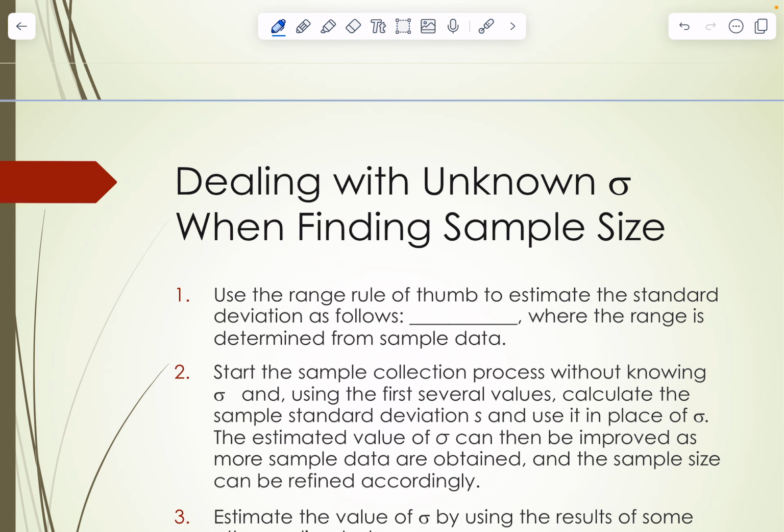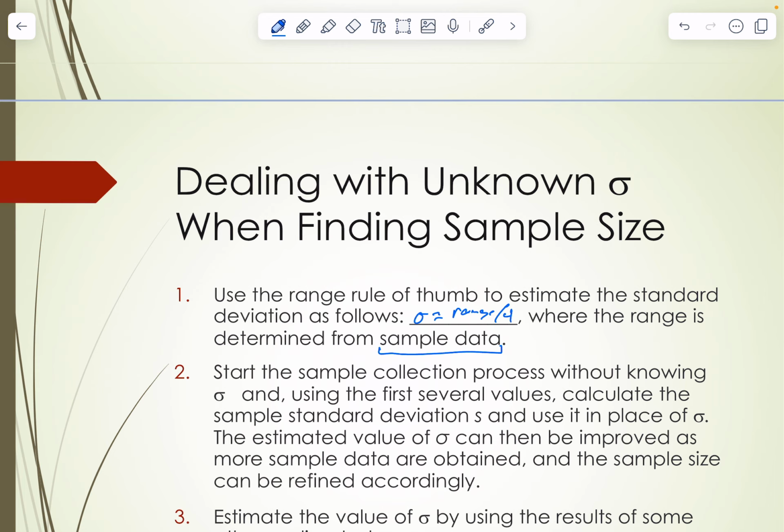The range rule of thumb can be used to estimate the standard deviation as follows. Remember, the standard deviation is approximately the range divided by 4, where the range is determined from some sample data.